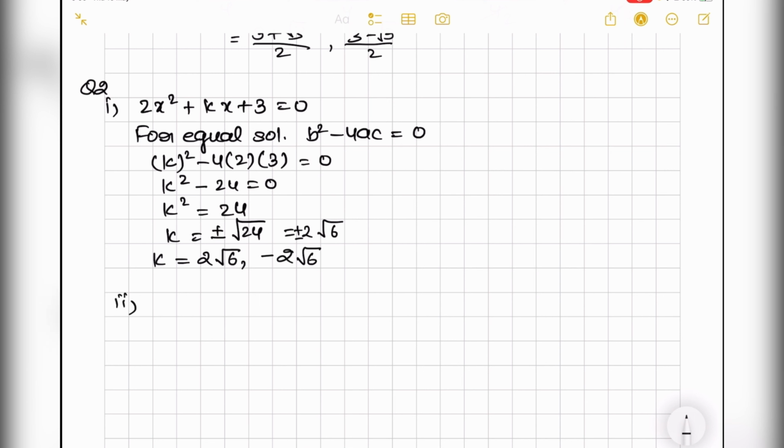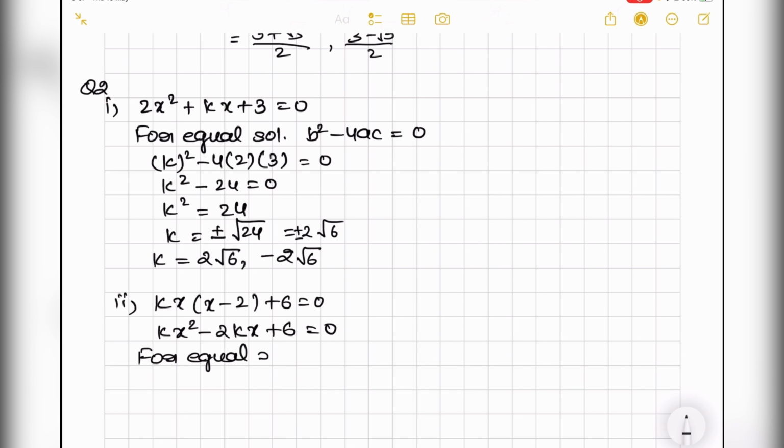Now second one, it says kx into x minus 2 plus 6 equal to 0. So first multiplying it, kx square minus 2kx plus 6 equal to 0. Now for equal roots, b square minus 4ac should be 0.